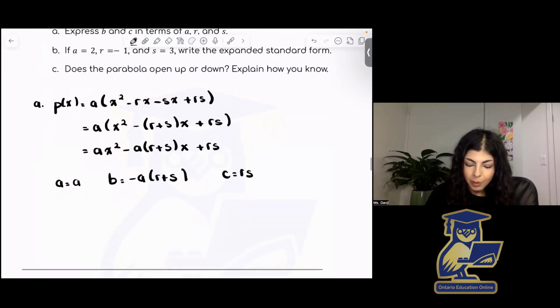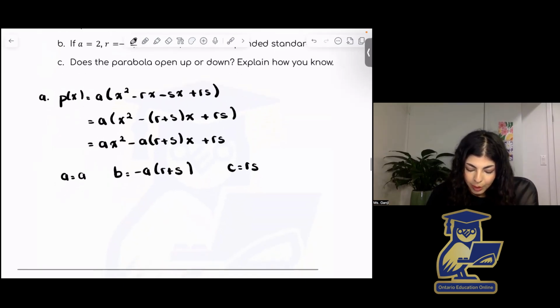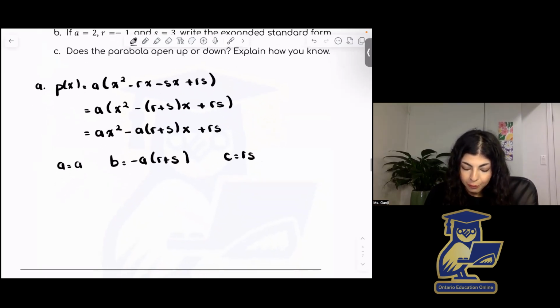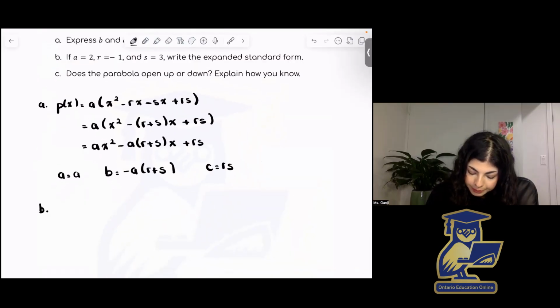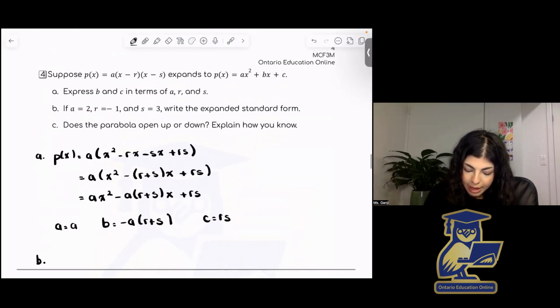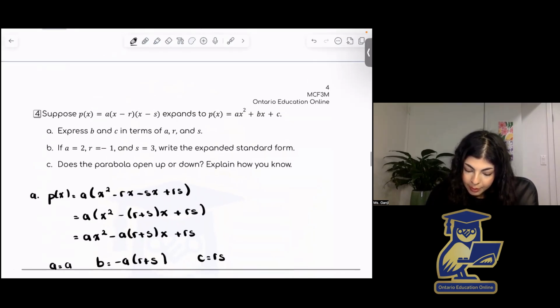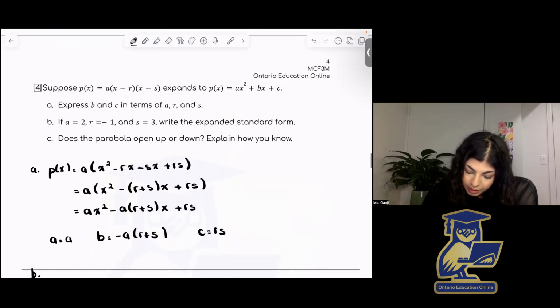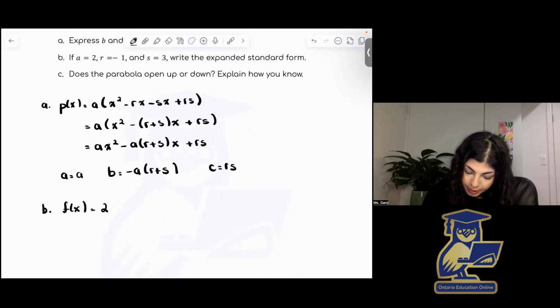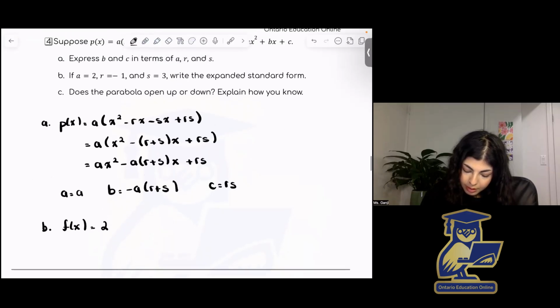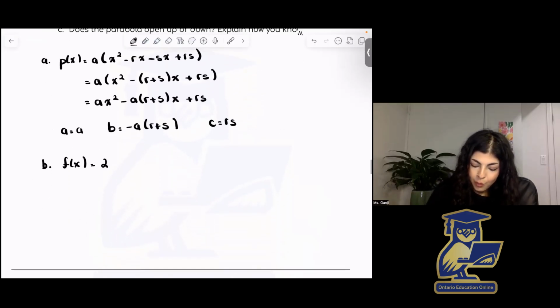So in part B, when you're given these values and asked to write this in standard form, we can just write, let me just do, I'm going to use f of x since we haven't used that here now. Or hold on, one extra step here.